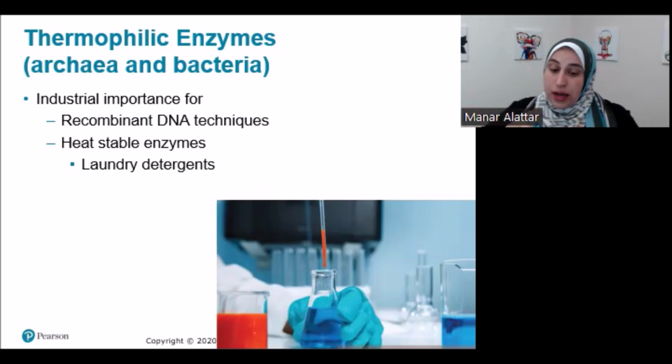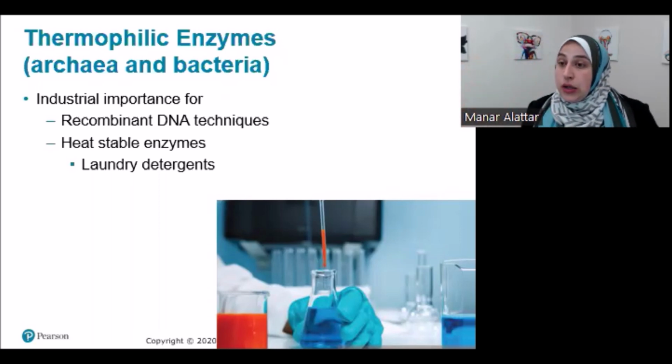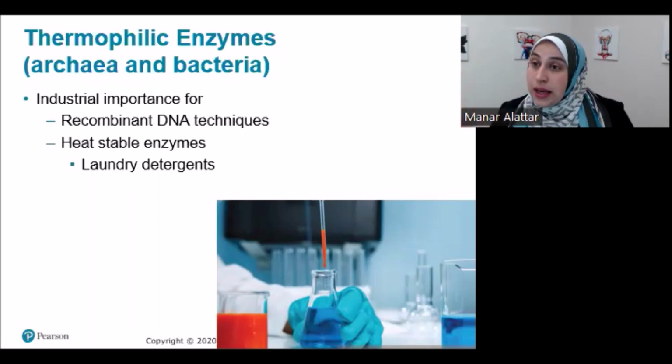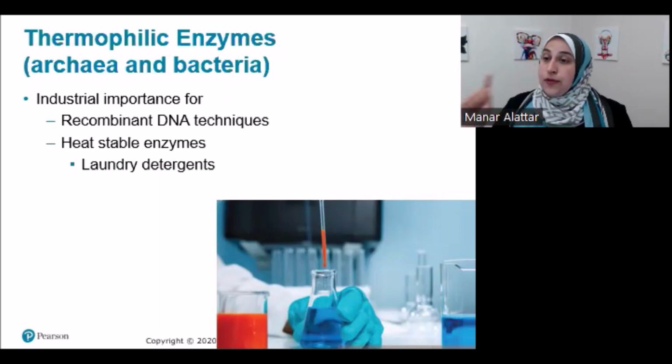And if you remember, that is a procedure that allows for us to amplify a gene within an environmental sample, and that it happens within a thermocycler that just modulates the temperature from lower temperatures to higher temperature, lower temperature to higher temperature. And you have to have enzymes within that process that can actually withstand those higher temperatures and actually function at those higher temperatures. And so we isolate those enzymes from thermophilic archaea and bacteria, not just archaea, but archaea and bacteria.